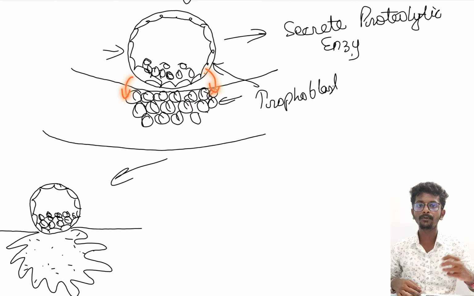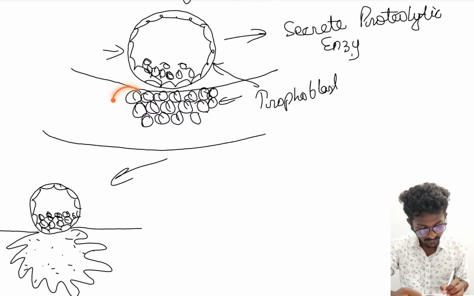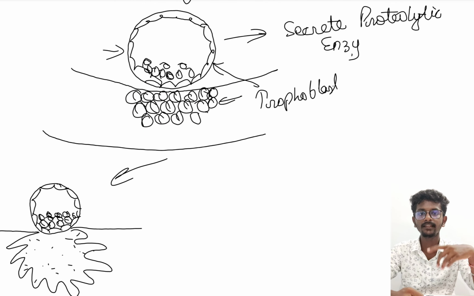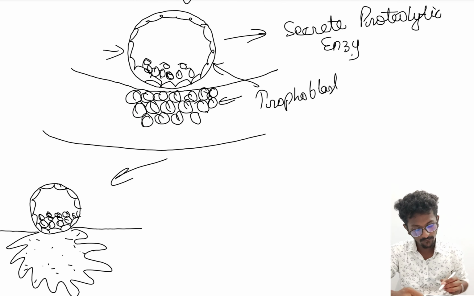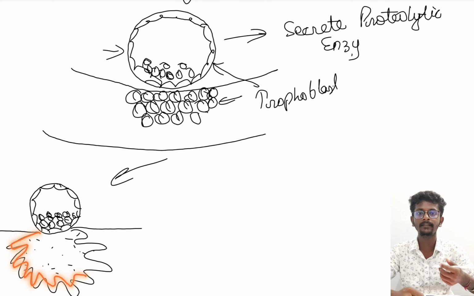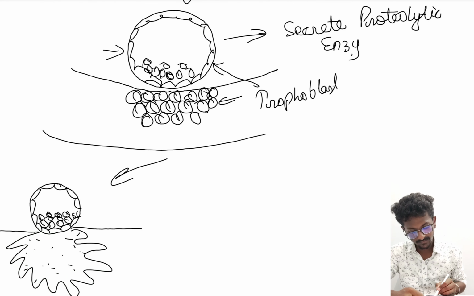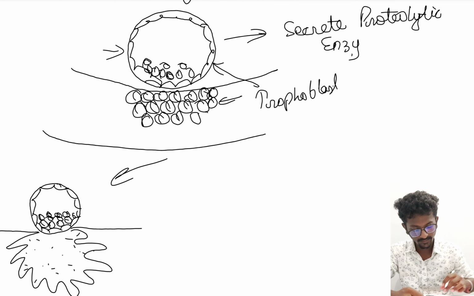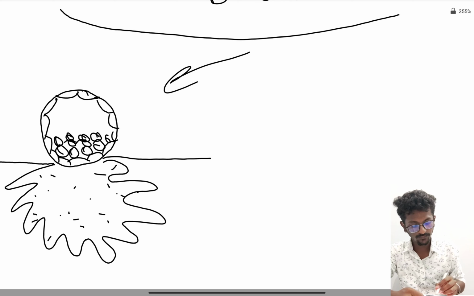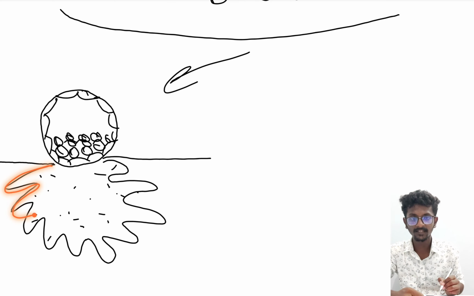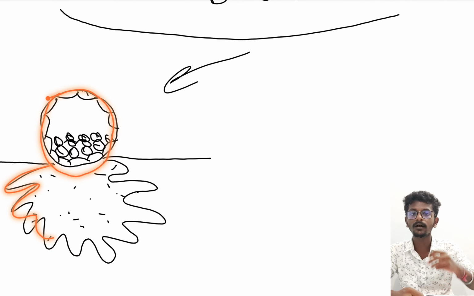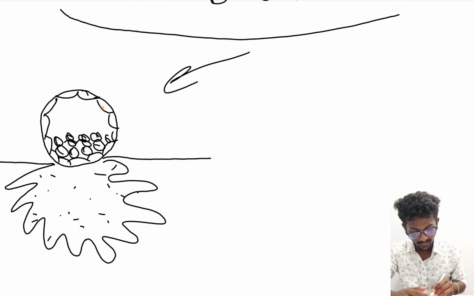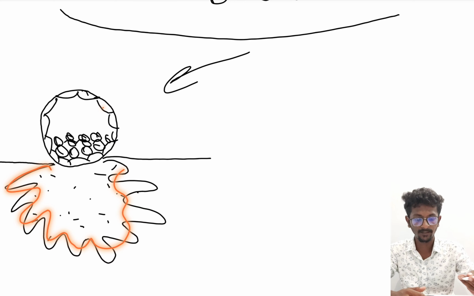Because of the secretion of the proteolytic enzymes, the trophoblast which was inside the endometrium lost its outer cell layer, it lost its cell membrane, and now what is left is only the cytoplasm and the organelles. But this is also trophoblast, just not the complete cell. Therefore, the difference between this trophoblast and this trophoblast is that these have complete cell structures, like the cell membrane, and these do not have the cell membrane.